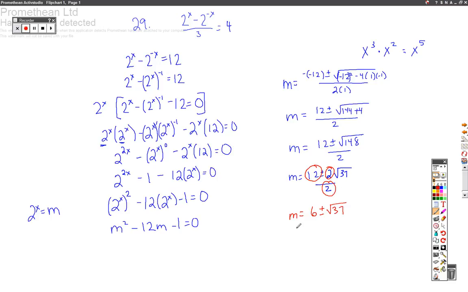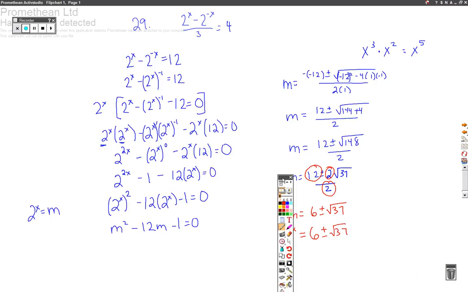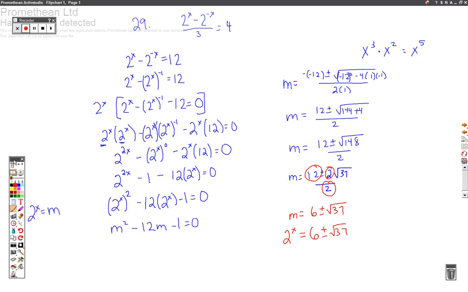Remember that we're looking for x. So what was m? m was really 2 to the x equals 6 plus or minus the square root of 37. So what do we do to find x? Well, I'm going to do log base 2 of 6 plus or minus the square root of 37 equals x.